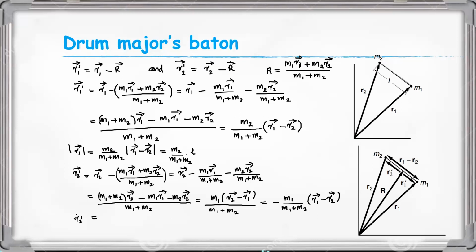Then R2 dash is equal to minus M1 divided by M1 plus M2 into L. So from this we can conclude that the center of mass lies along the line joining M1 and M2.